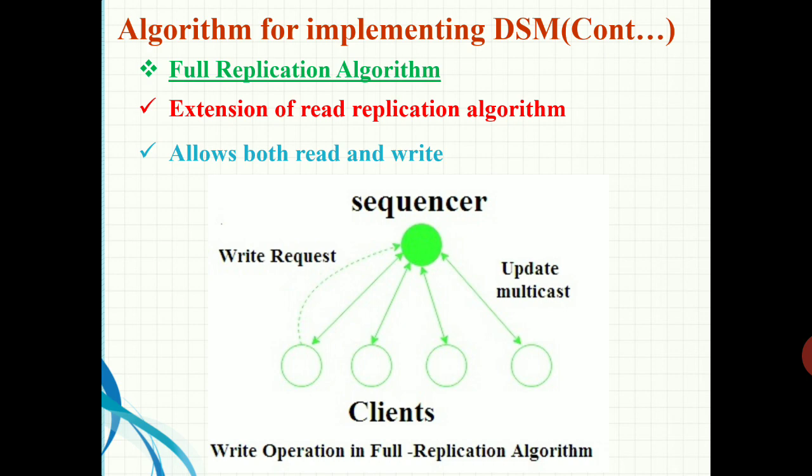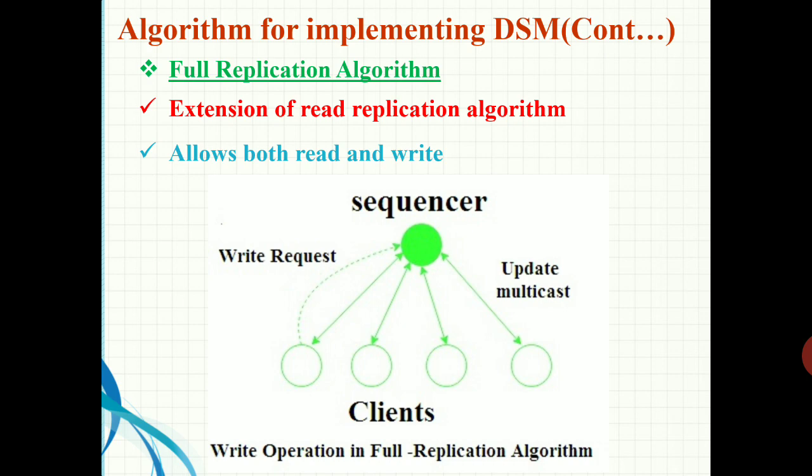That is about this algorithm. When a particular node wants to perform the update operation, it sends the request to the gap-free sequencer. The gap-free sequencer collects all the requests.